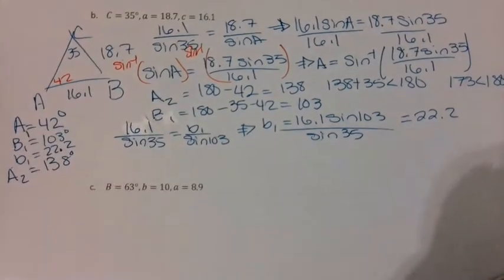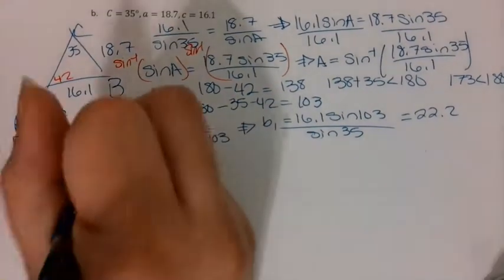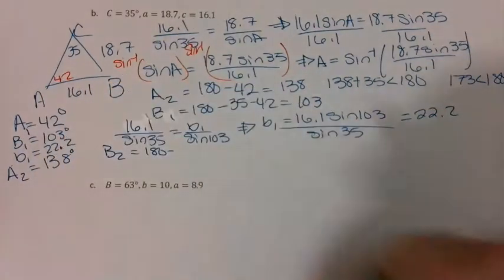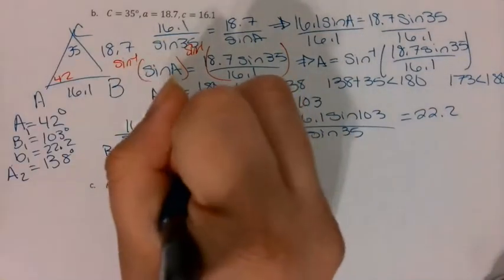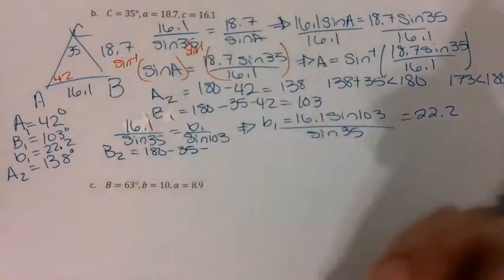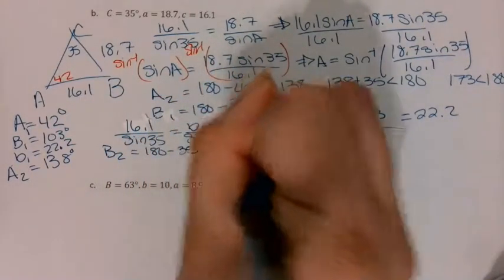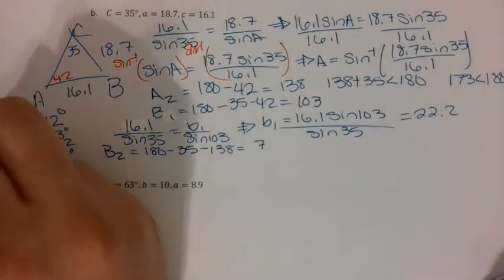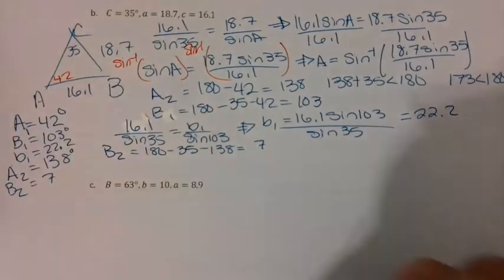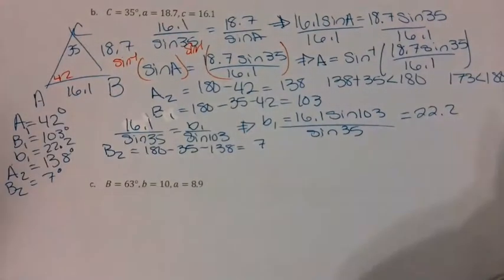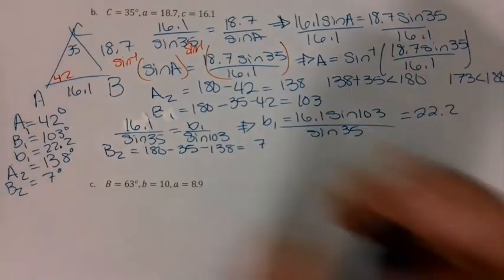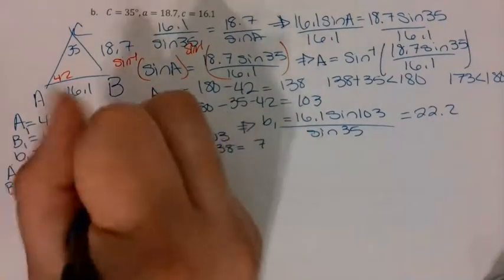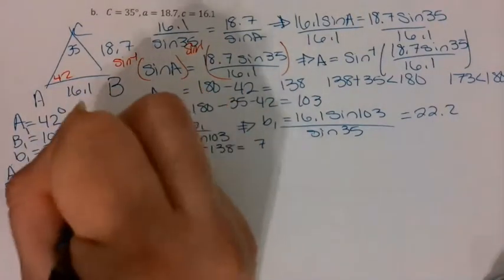Okay. Then for my second B2, I want to do 180 minus 35 minus 138, which gives me 7. Then I'm going to plug in 7 and get my final side length. So I still have the ratio of 16.1 over sine 35.